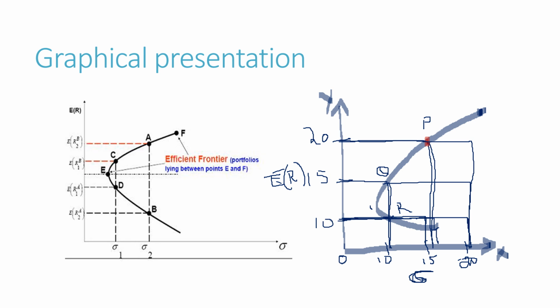That's why the points below this frontier curve are called inefficient, and above these are not attainable. The investor is not going to get that much return with this minimum level of risk. So this is called the efficient frontier.